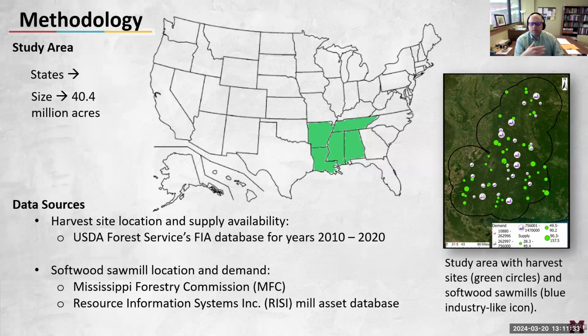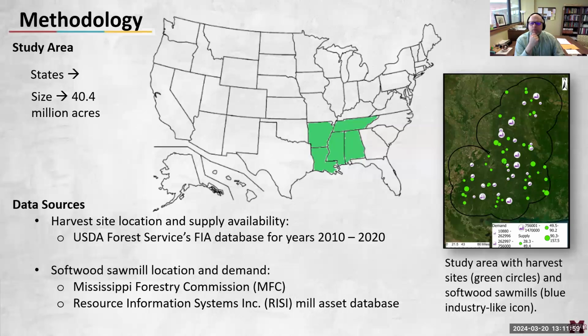That database shows harvested plots within a particular geography that you're examining. Going back many years, we just went back 10 years as an arbitrary rule. And that gives us an idea of the geographic dispersion of harvest sites for our softwood harvested products.